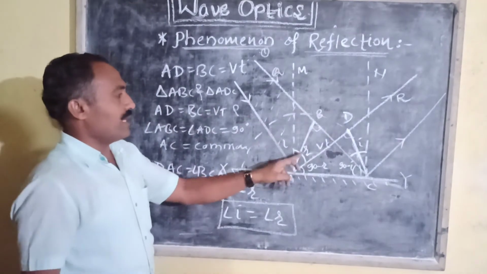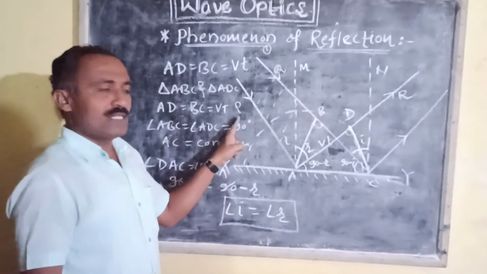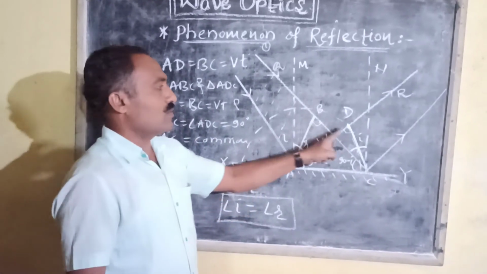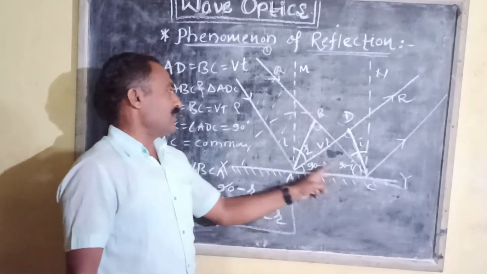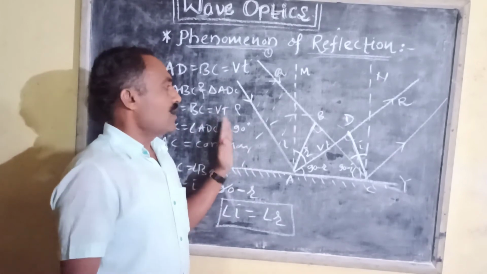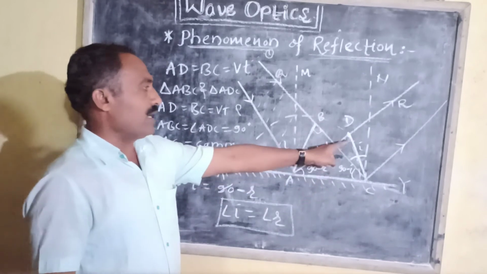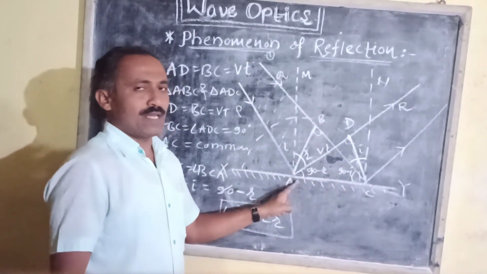Now from triangles ABC and ADC, AD is equal to BC is equal to VT, angle ABC is equal to angle ADC is equal to 90 degrees, and AC is common to both triangles. Therefore, from the side angle side test, these two triangles are congruent. Therefore the corresponding angles DAC and BCA are equal.